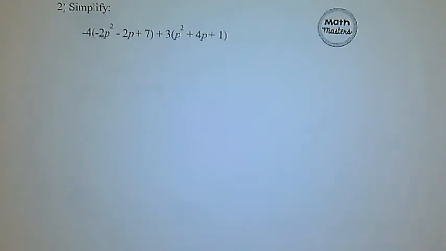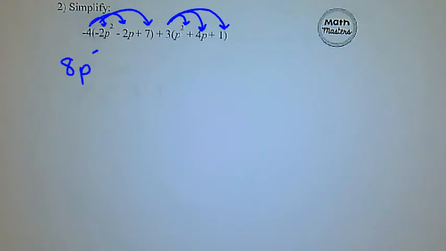All right, number 2, unfortunately you cannot do that this way, so we just got to distribute then combine. So you can distribute the negative 4 into the first trinomial and then 3 into the second. So I get a positive 8p squared plus 8p minus 28.